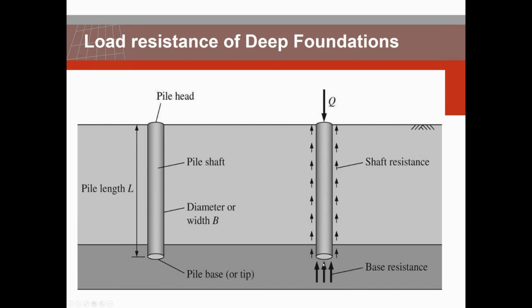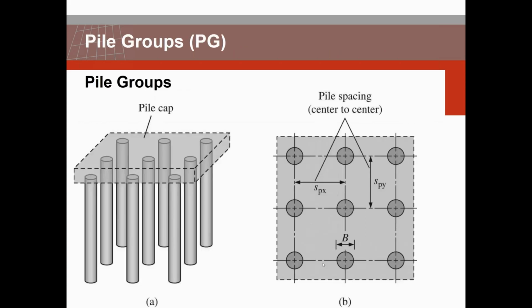The pile can be designed to be a shaft or frictional pile without any bearing resistance. It can be a fully end-bearing pile or a combination of both. It depends on the soil condition and the pile itself in terms of size, length, and also depending on the load.